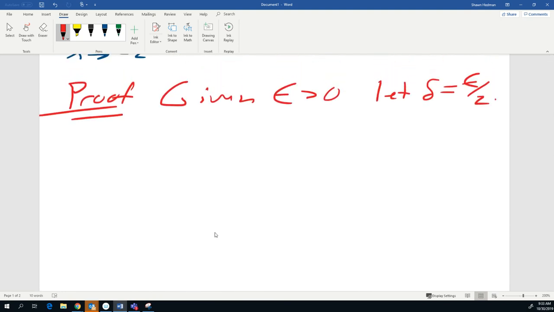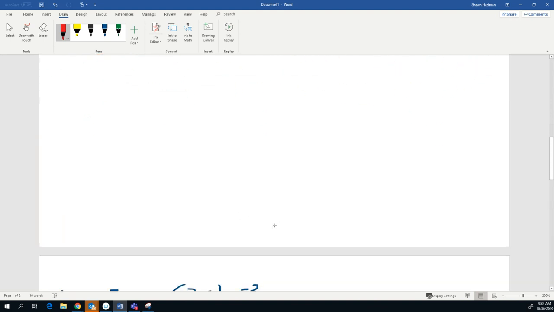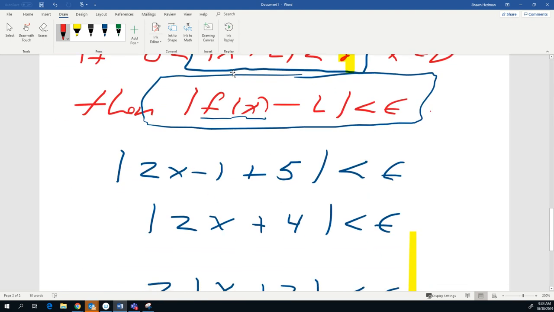So I'm going to assume the if part. Assume 0 is less than the absolute value of x minus x sub 0, which is what's in the definition. But I'm going to assume that the absolute value of x minus -2 is less than delta for x in the domain. And I want to show the then part.